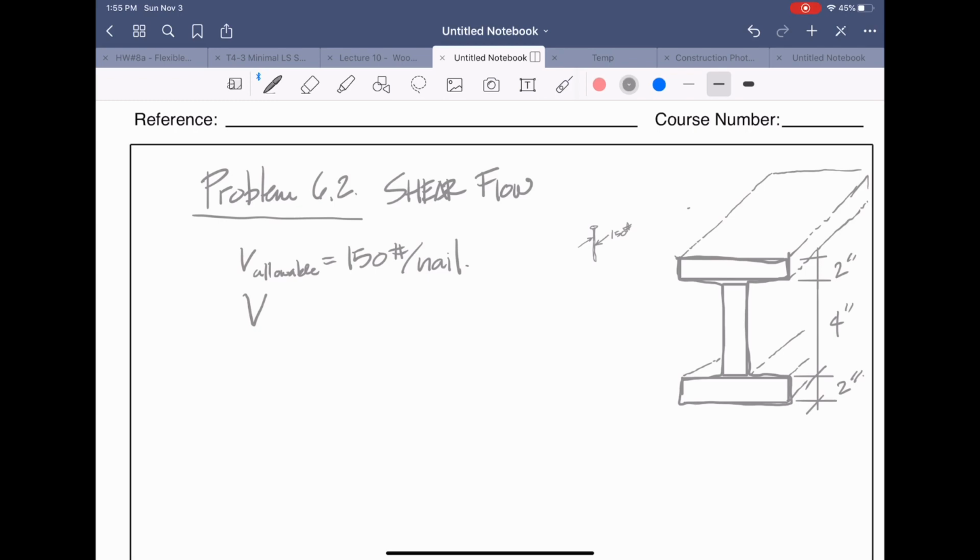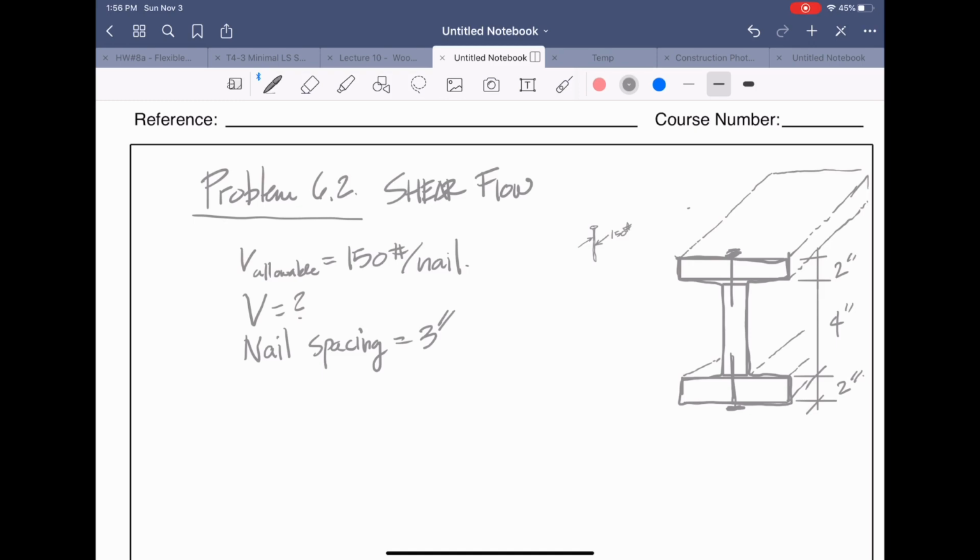What they also tell you in this problem is that the nail is coming in that way and that way, and that the spacing is 3 inch on center. Sometimes they may not draw this in 3 dimensions, so that's why I'm drawing in 3 dimensions. The nail spacing, as you're solving for V, is 3 inches.